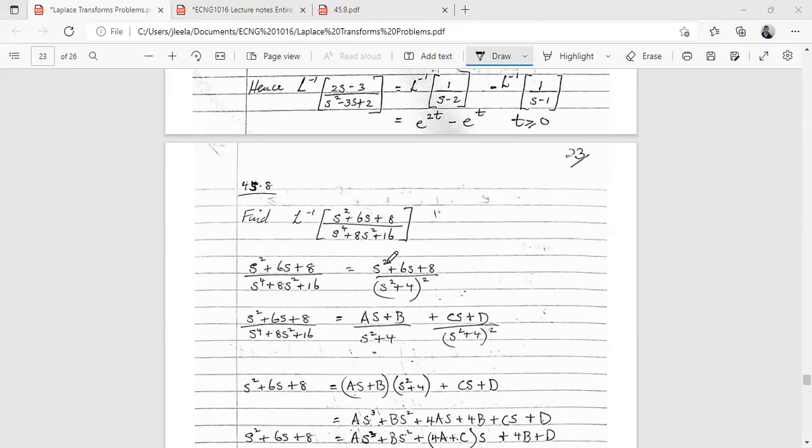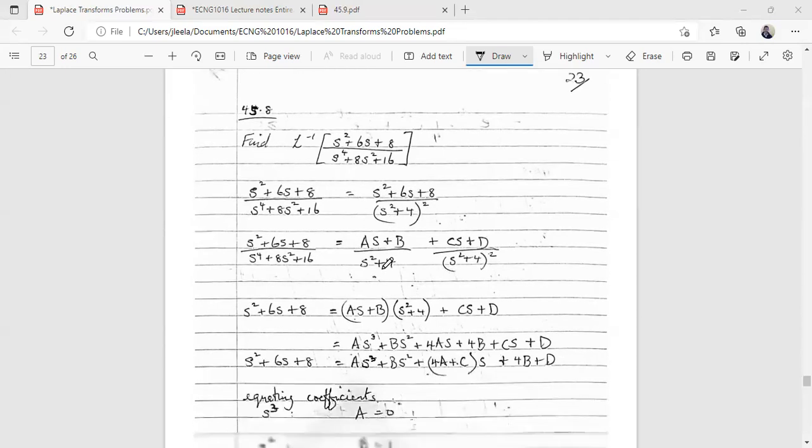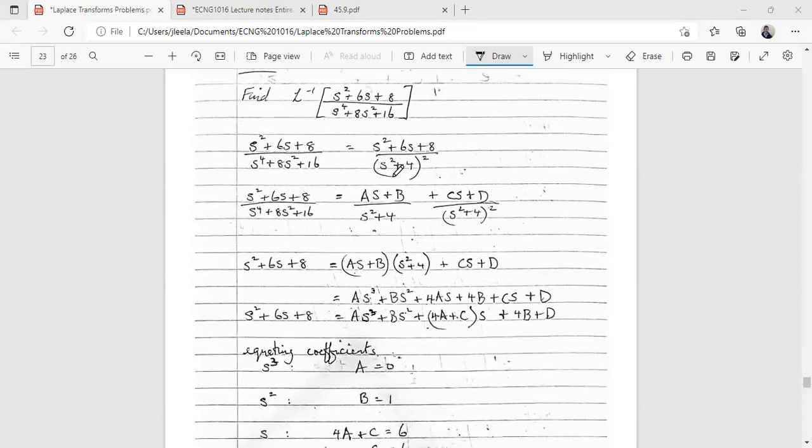So you have s squared plus 6s plus 8 on the top, and s squared plus 4 squared at the bottom, right? So this factor here at the bottom is quadratic, which means the partial fraction breakdown will be, right, it's quadratic and it's repeated because you have a square here.